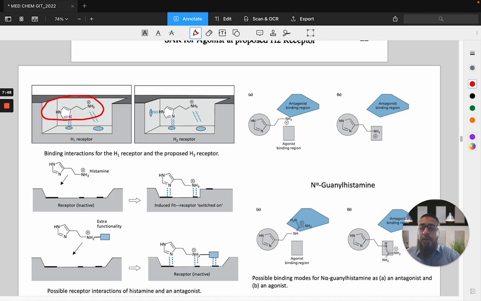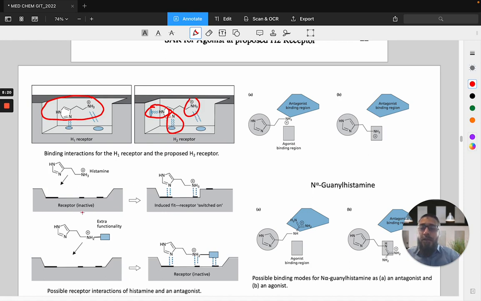Only one nitrogen is required in a molecule to bind with the H1 receptor, while in the case of H2 it should have two nitrogens that bind with the receptor, because it has three pockets to bind the molecule. So one is hydrogen bonding with this nitrogen, the second nitrogen binds like this, and then this is ionic bonding with the receptor. So it has three binding pockets.